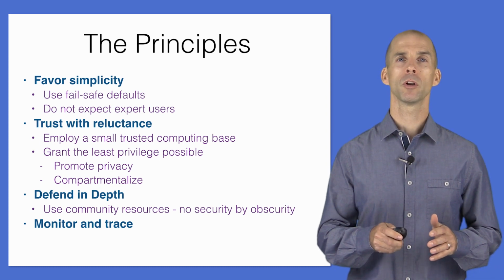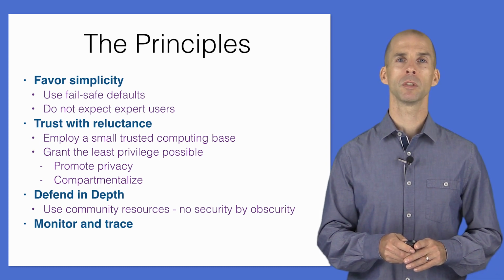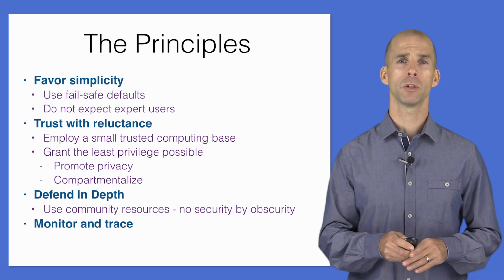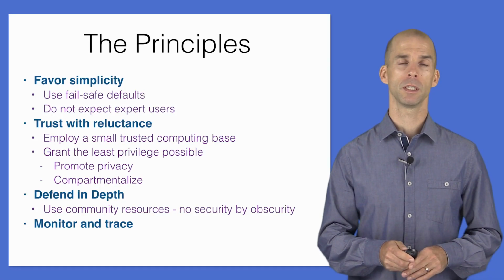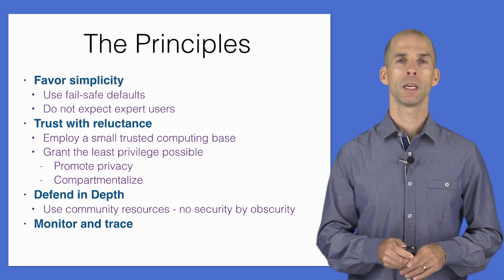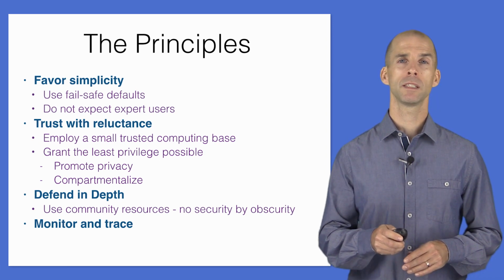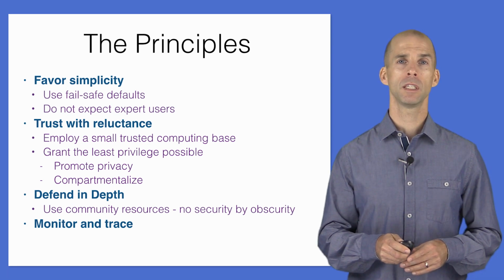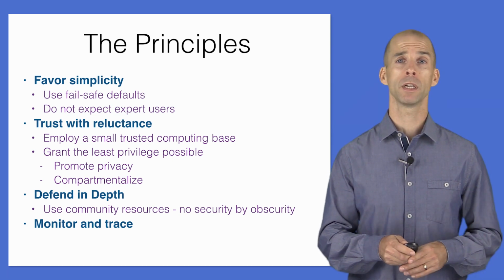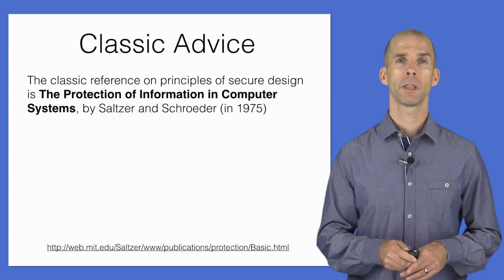Our principles are strongly influenced by a set of principles put forth way back in 1975 by Jerome Salzer and Michael Schroeder in their paper, Protection of Information in Computer Systems. It's amazing to see how well these principles have kept up, despite systems, languages, applications, all being very different today compared to what they were in 1975.